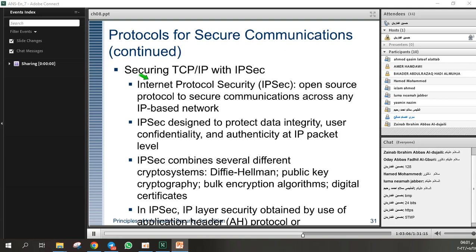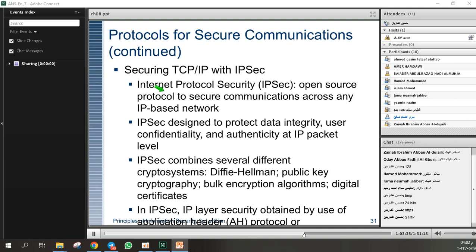What about securing TCP/IP protocols? We can use IPsec, Internet Protocol Security, or IP security. It is an open source protocol to communicate over IP networks securely. It's a layer 3 protocol.